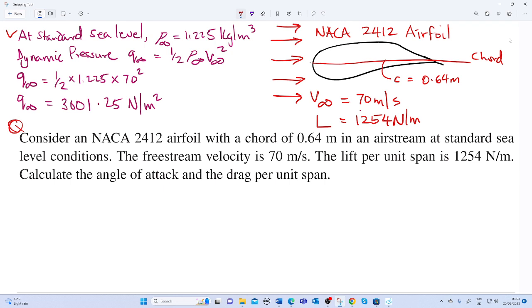We're given the velocity to be 70 meters per second, the chord length of the NACA airfoil to be 0.64, and the lift per unit span to be 1254 Newton per meter. From here we can calculate the dynamic pressure to be 3,101.25 Newton per meter squared.